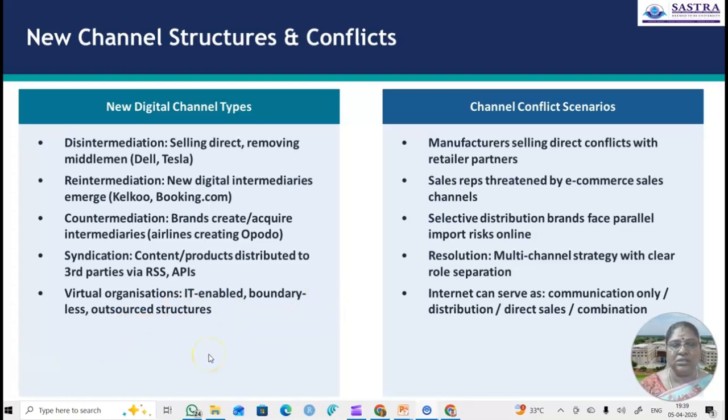Here channel conflicts will also arise, such as manufacturers selling direct conflicting with their partners, and this type of multi-channel strategy is creating lots and lots of new structural changes in the digital marketing era.